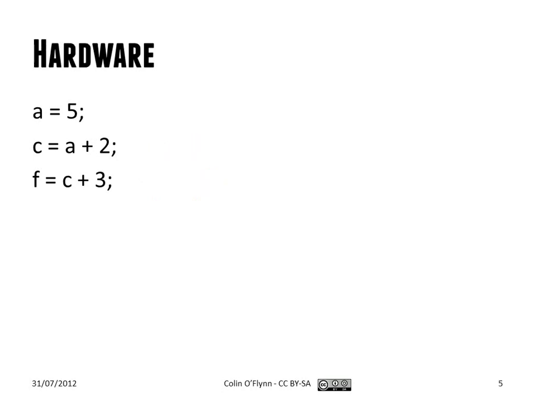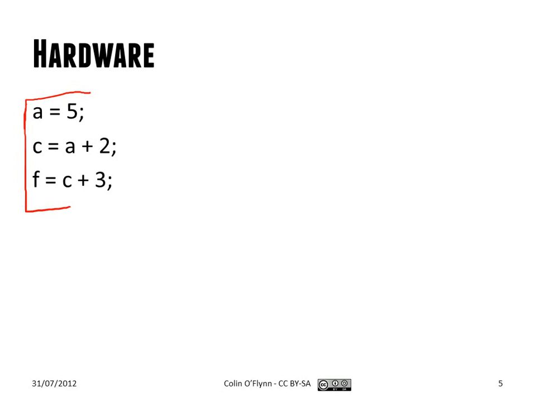The difference with the hardware is you're actually describing hardware. You're not saying do this, do this, do this, do that. So if you write these statements, you're saying assign the value of A to 5. This statement is saying create an adder and add 2 to A and then assign it to C, and that statement is saying the same thing, except we add 3, which seems like the same as software.